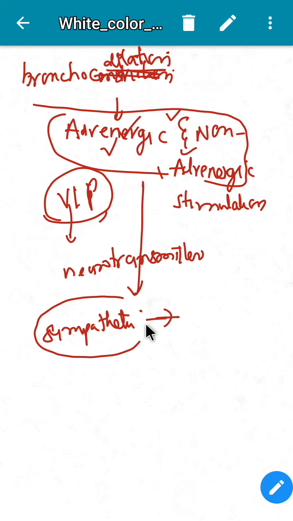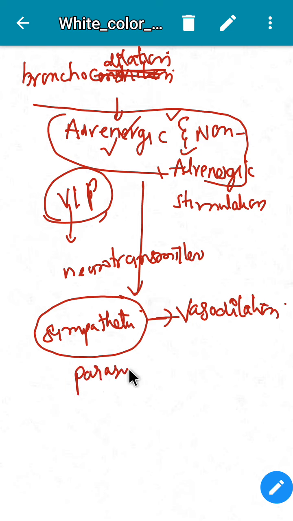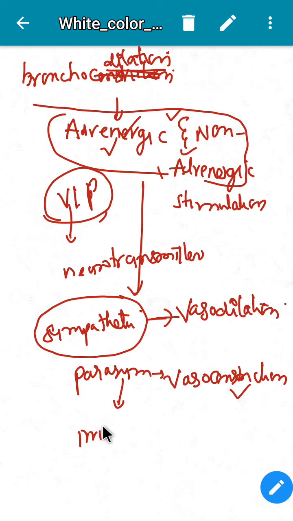The sympathetic system mediates vasodilation, whereas the parasympathetic system mediates vasoconstriction. The parasympathetic system will be stimulated by irritants, as said before.